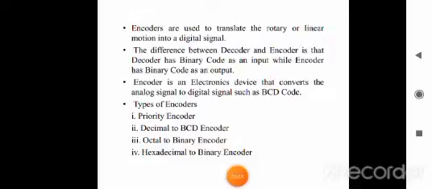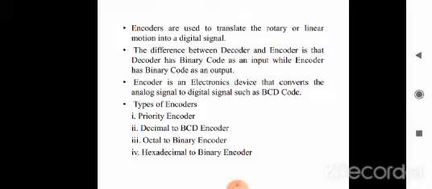Once again, encoders are used to translate rotary or linear motion into a digital signal. The difference between decoder and encoder is that a decoder has a binary code input while an encoder has a binary code as output.